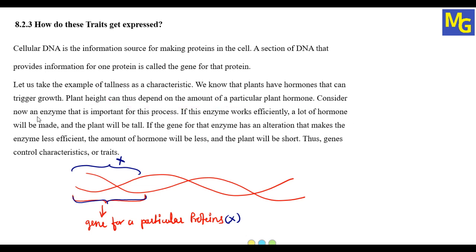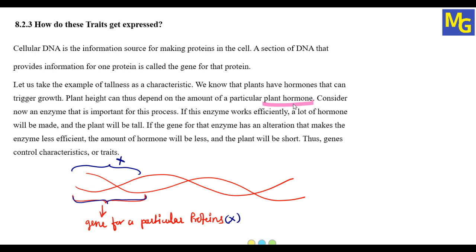Consider now an enzyme that is important for this process. If you want to secrete any hormone, some biochemical reaction should take place in the plant, and for those reactions there is an enzyme which is responsible. If this enzyme is efficient and works properly, then lots of hormone will be secreted.